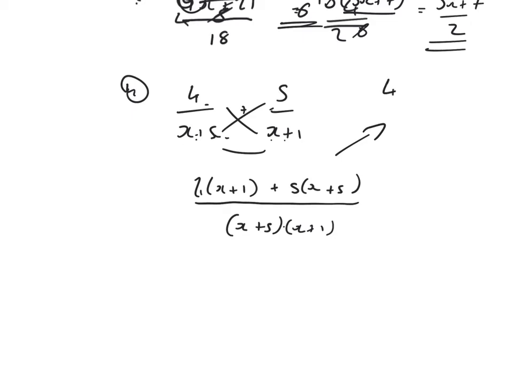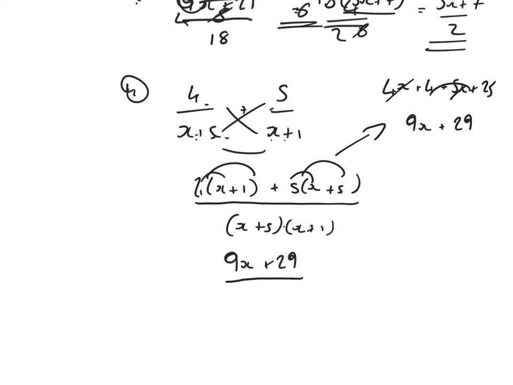Okay, so let's expand that open. 4x plus 4 plus 5x plus 25. 4x and 5x is 9x, and 4 plus 25 is 29. 9x plus 29 over x plus 5 bracket x plus 1. Can I take a common factor out from the top? I can't, so that's the final answer.